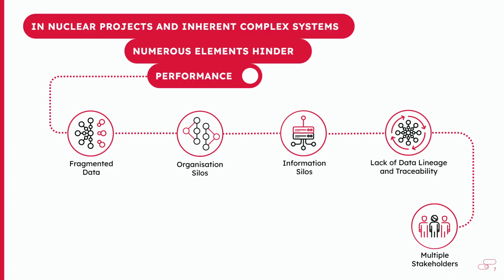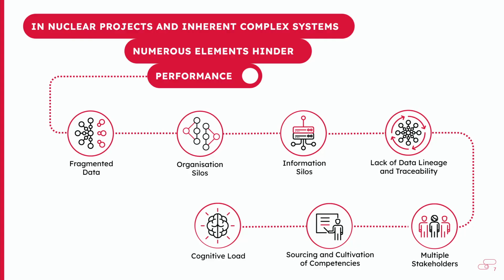A lot of stakeholders, as you know, in the industries, the question of sourcing, the question of cognitive load, we are going to talk about that also, and the insufficient use of simulation. We all see a lot of simulation systems for new nuclear, but when we are talking of the operating fleet, that's another story.